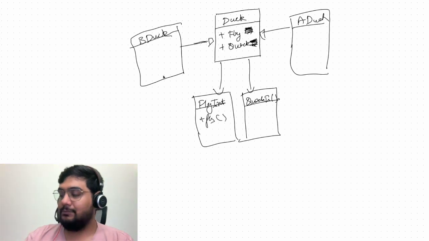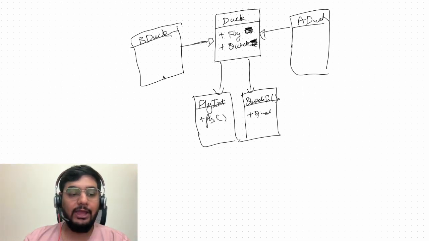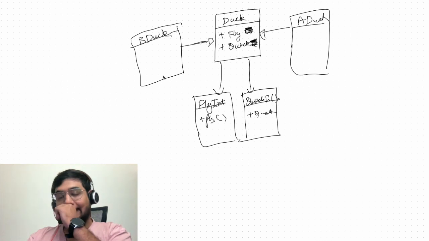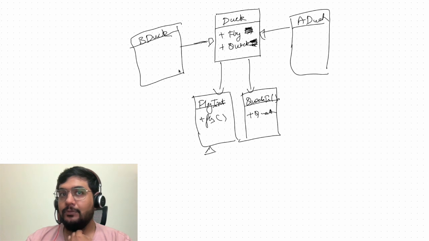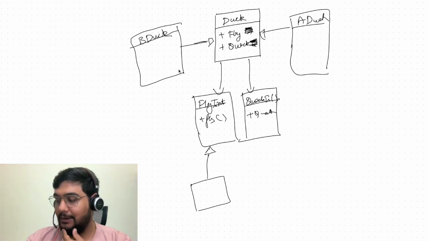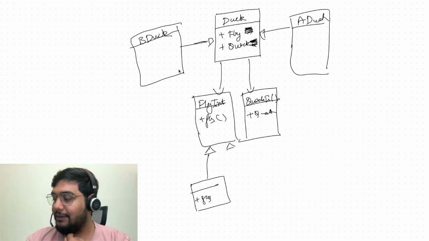Now I need to have a fly behavior or a no fly behavior, so I will create two different classes: one class that implements the fly interface and has the fly behavior, and a second class that has the no fly behavior.